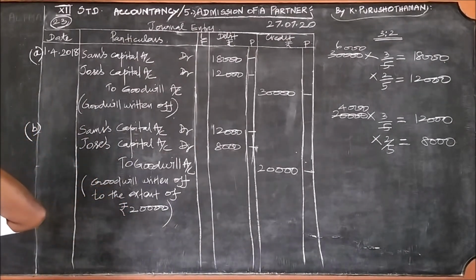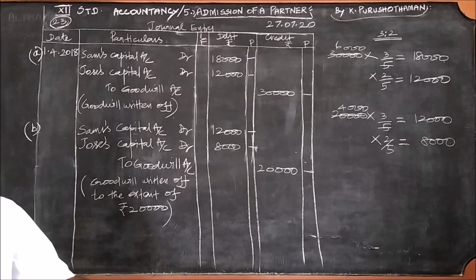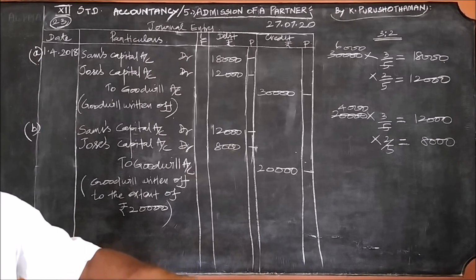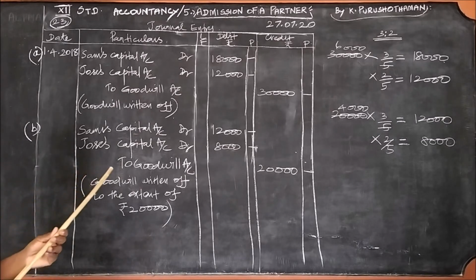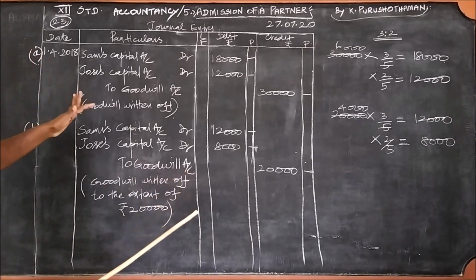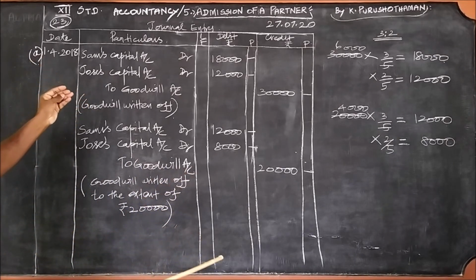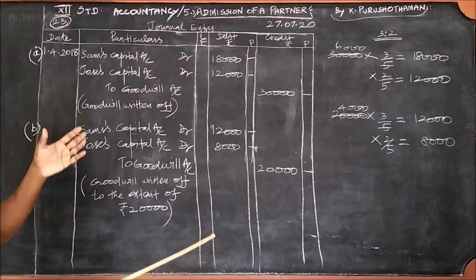So far, the problems we have done from 18 to 22, that is 18, 19, 20, 21, 22, these 5 problems are about how to divide the goodwill. For that, what we wrote was either bank account debit to the capital account, or bank account debit to the current account.